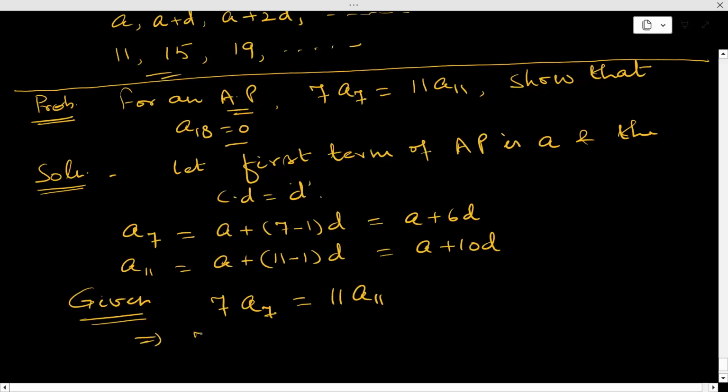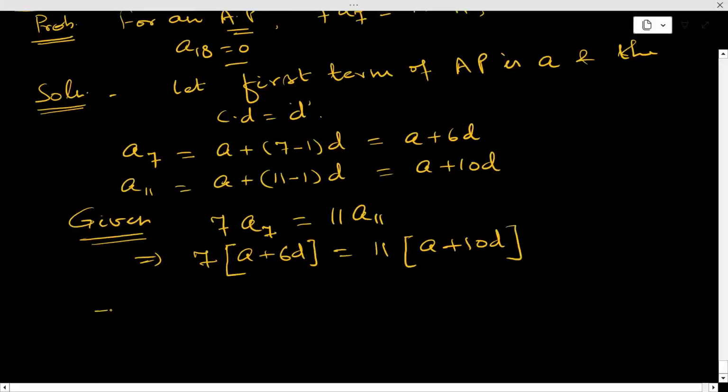So putting the values, 7 times (a plus 6d) is equal to 11 times (a plus 10d). This gives 7a plus 42d, multiplying the bracket with 7, and on the right hand side multiplying the bracket with 11, we have 11a plus 110d.